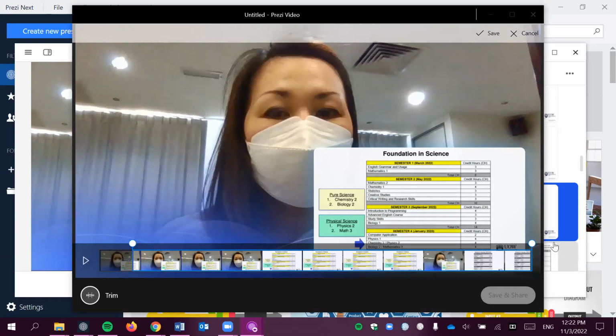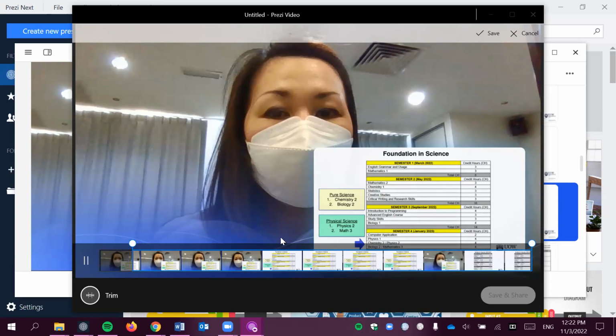Of course, if you want more sophisticated editing, then you do have to use another editing software. But this is just for you to cut the head and the tail, which is usually where you are starting, you click the button that you want to chop off, or the end where you turn it off, then your face or your eyes look elsewhere, then you want to chop it off. You can just easily trim it here.